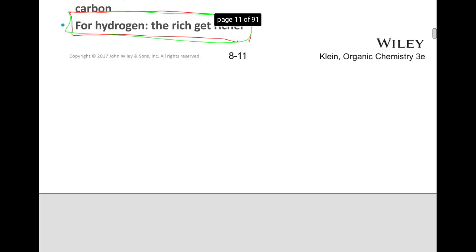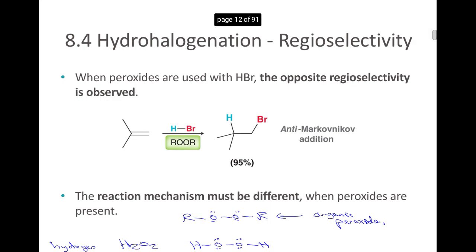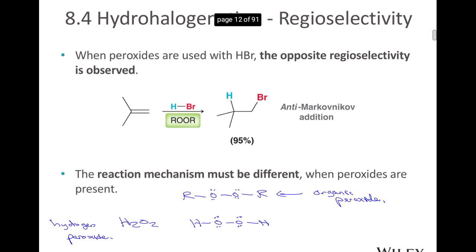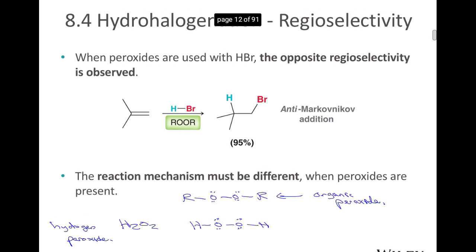And like I said, there's a really good reason for that, and we look at the mechanism of that. But what he also found is that when peroxides are used, the opposite regioselectivity is observed. So we call that anti-Markovnikov addition. And in this case, the reaction mechanism must be different. Well, it's definitely different, and that mechanism is not discussed in our class until Chapter 11 because it involves the formation of radicals. So we'll discuss that in detail in Chapter 11, but you do not need to know this mechanism for Chapter 8.